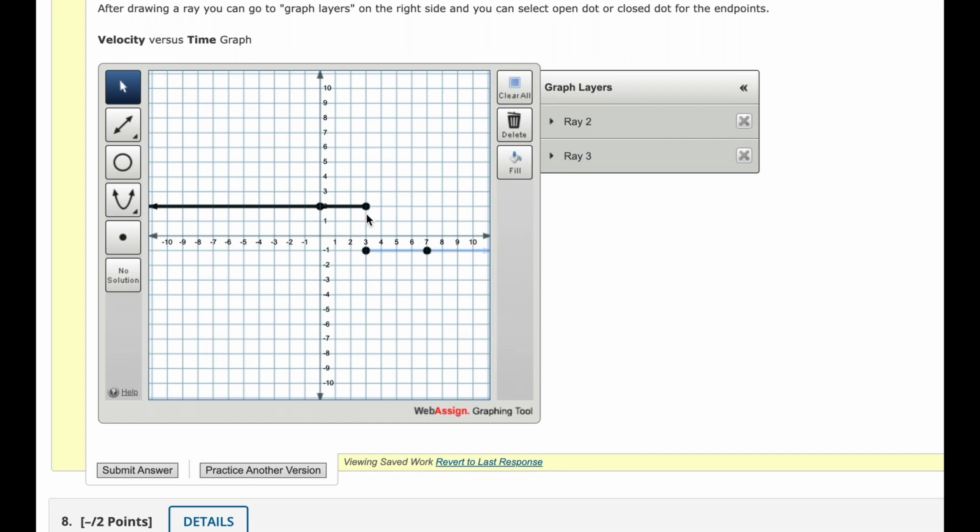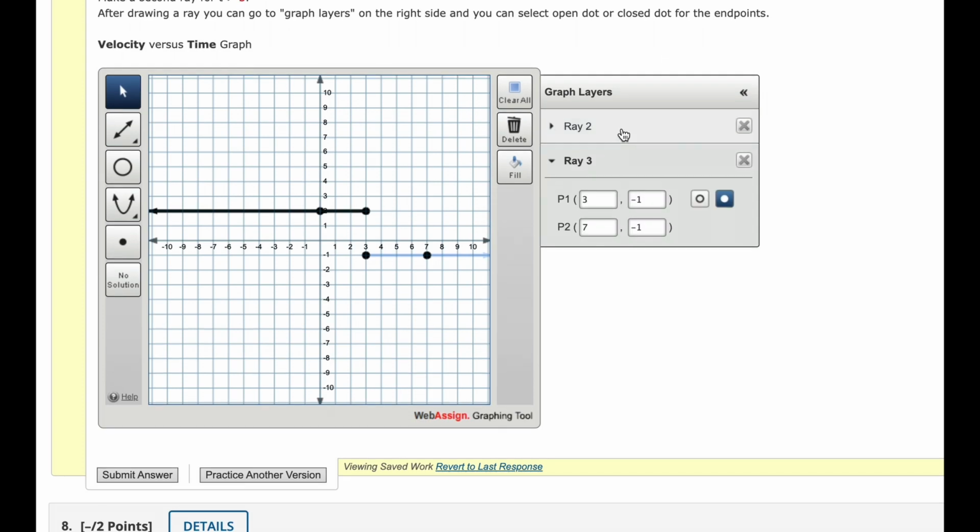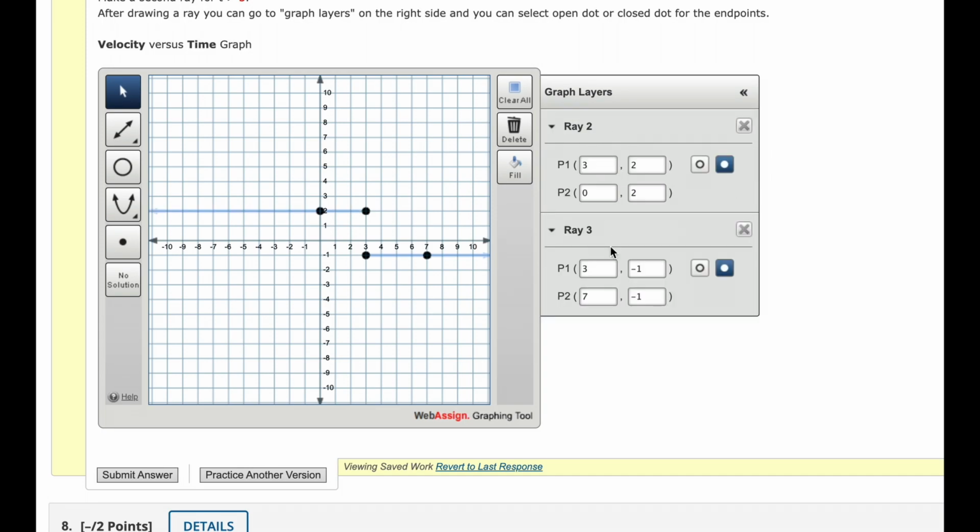We can't have a closed dot above and a closed dot below. So if you click on the dialog at the upper right, you can select the different rays and just make sure that your ray, which is pointing to the right, has an open dot on it. That should do it. It'll accept that.